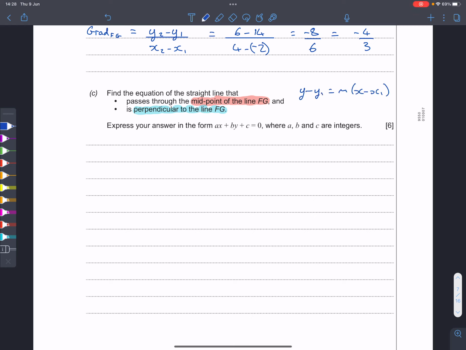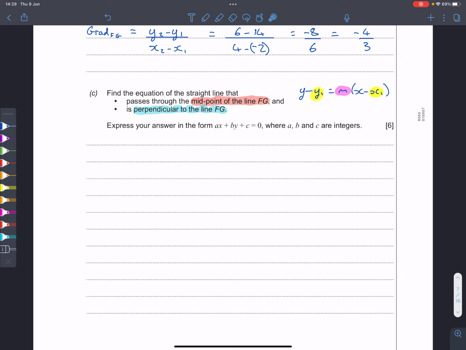So I need, from my y1 and my x1, a coordinate of a point on the line, in this case the straight line that I'm working with here, and the gradient. Okay, and we don't know either at the moment.